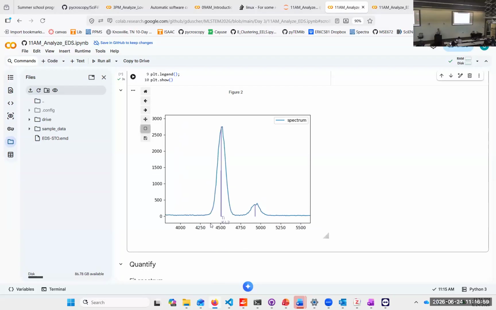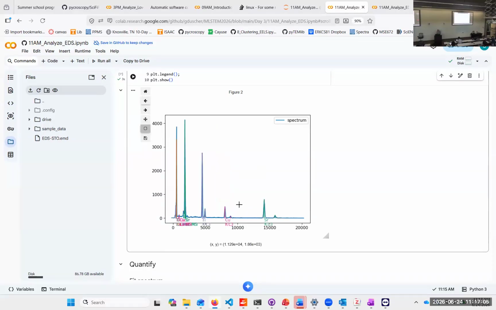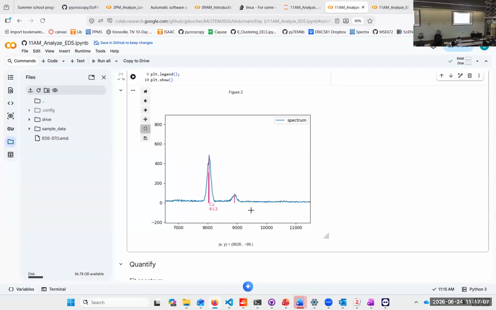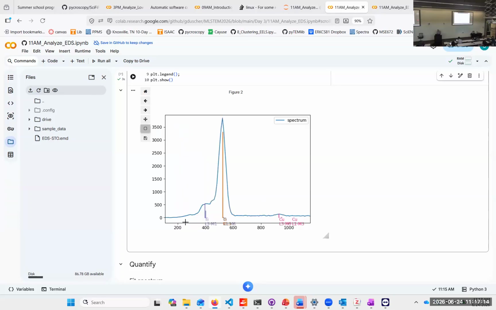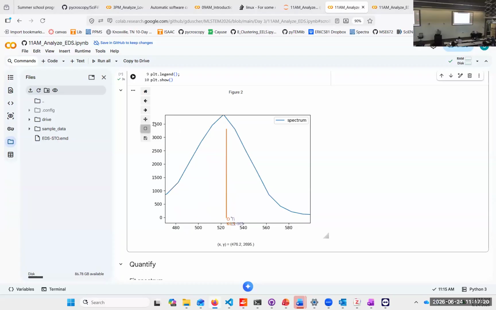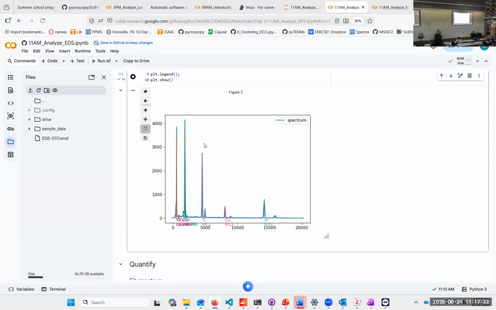Oh, this is also titanium, so that's already gone. So I wouldn't work on that one anymore. And then the last one is the copper one and the oxygen one. Oh, we have oxygen. I forgot the oxygen one. So the oxygen peak is here, actually not titanium. So it's oxygen, and then I do the titanium later.